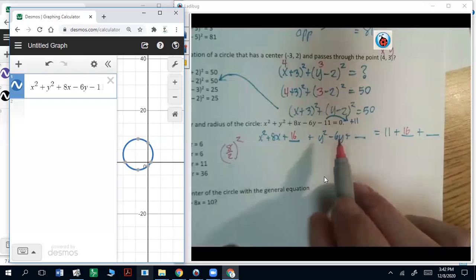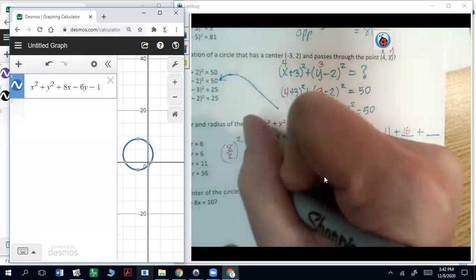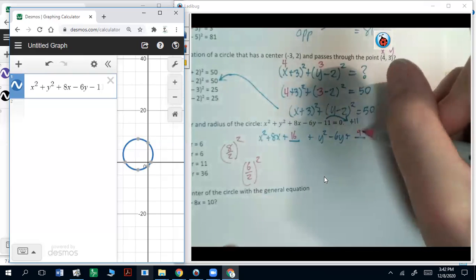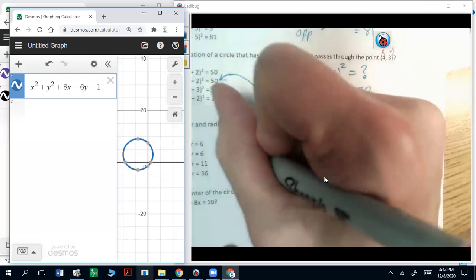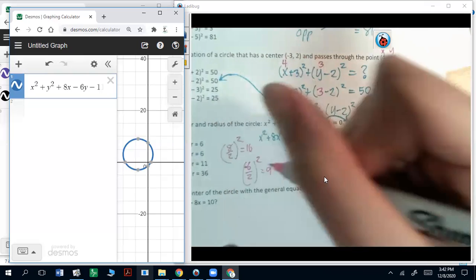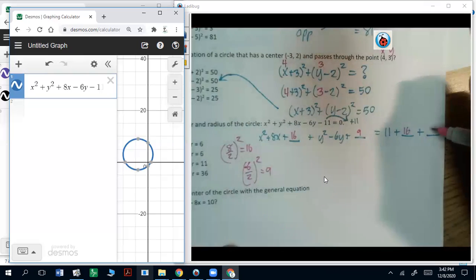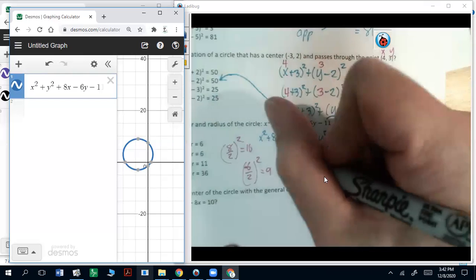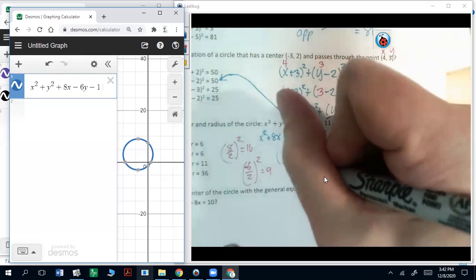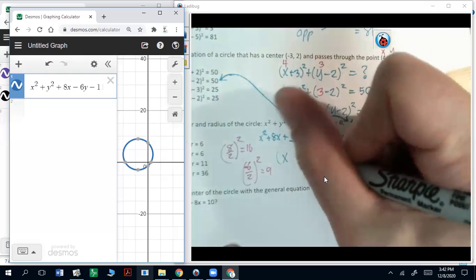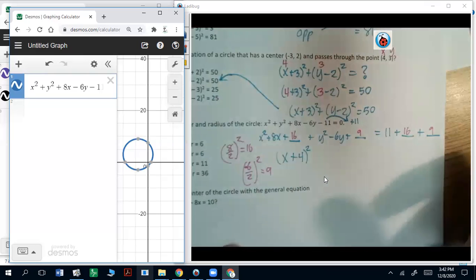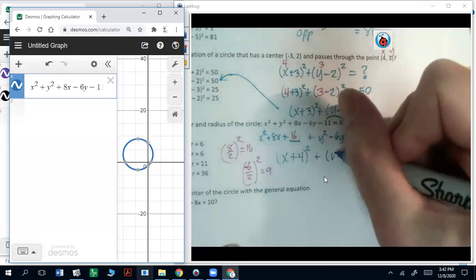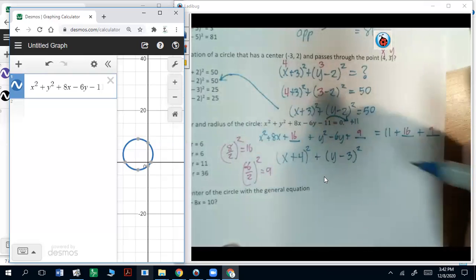You do the same thing with the y. 6 divided by 2, squared. 3 squared is 9. It's always going to be positive. So even if that's negative, a negative squared is positive. So we're going to add 9 there. And we're going to factor it. So (x + 4) times (x + 4). (x + 4) times (x + 4) is x squared plus 8x plus 16. (y - 3) times (y - 3).